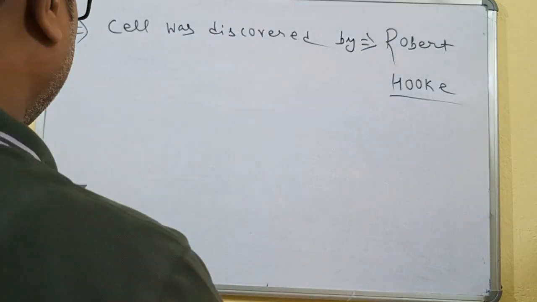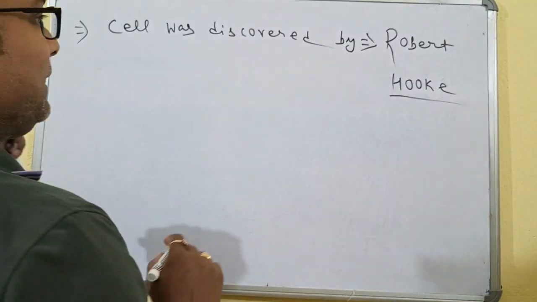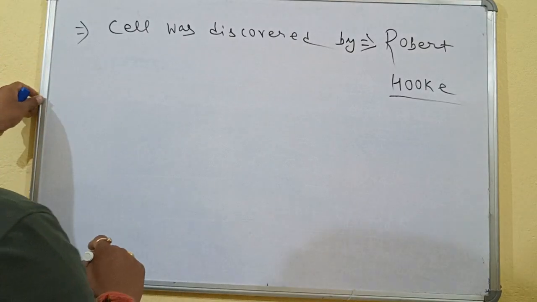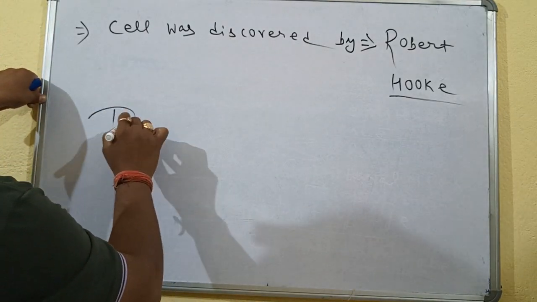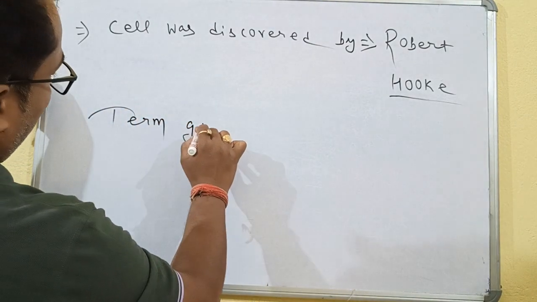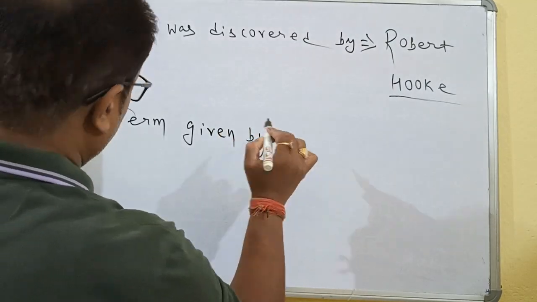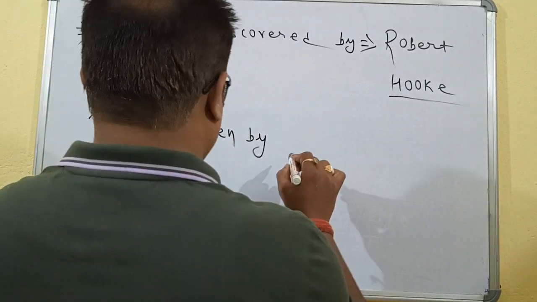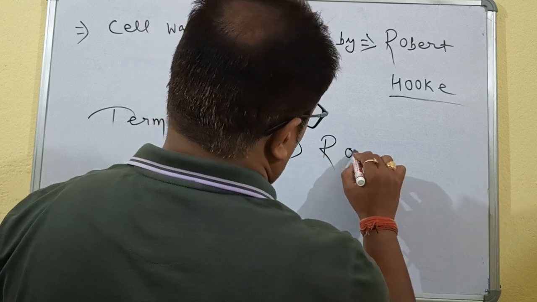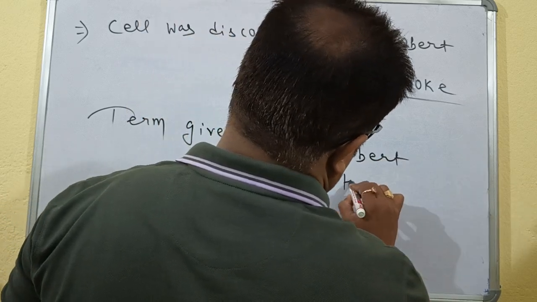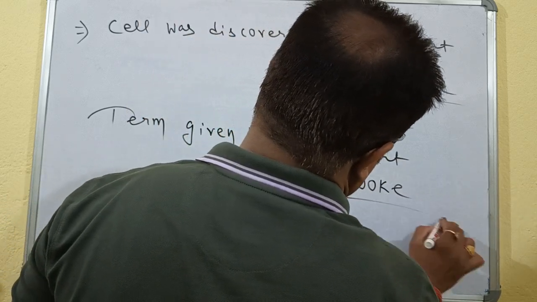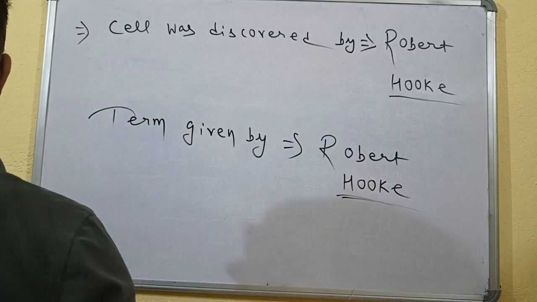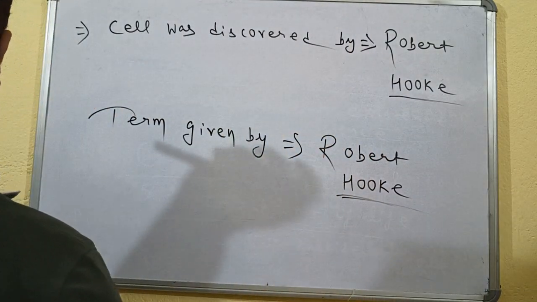So cell was discovered by Robert Hooke, and the term was also given by Robert Hooke. So don't be confused.